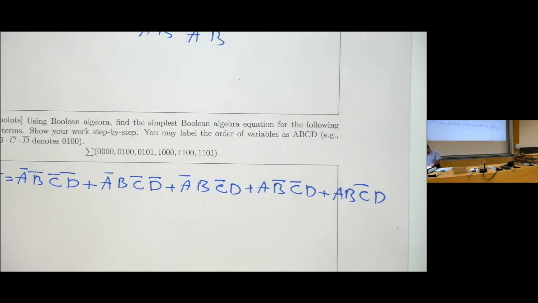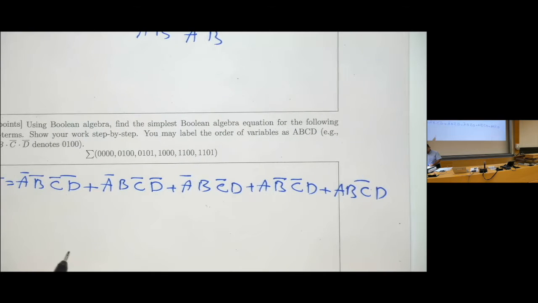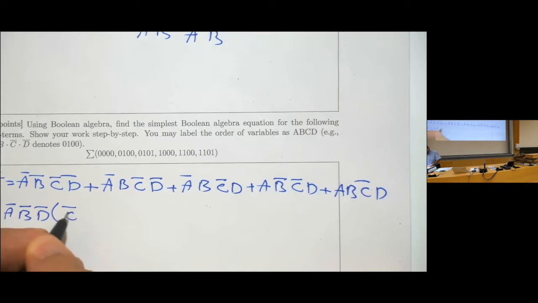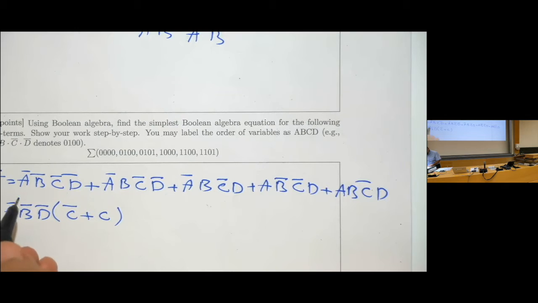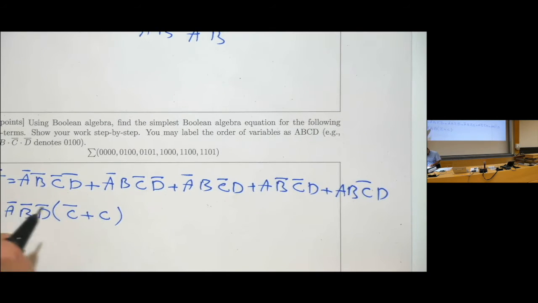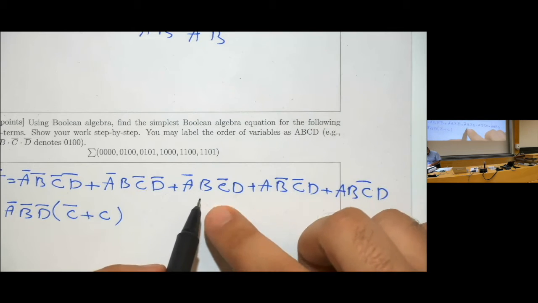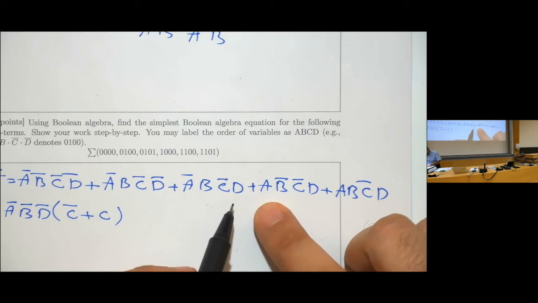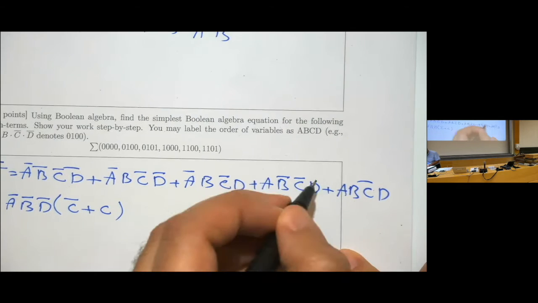So you need to find common terms and try to factor them out. So we have A bar, C bar, D bar in both first two terms. So we factor A bar, B bar, D bar, and then we have C bar plus C. Yeah, you are right.